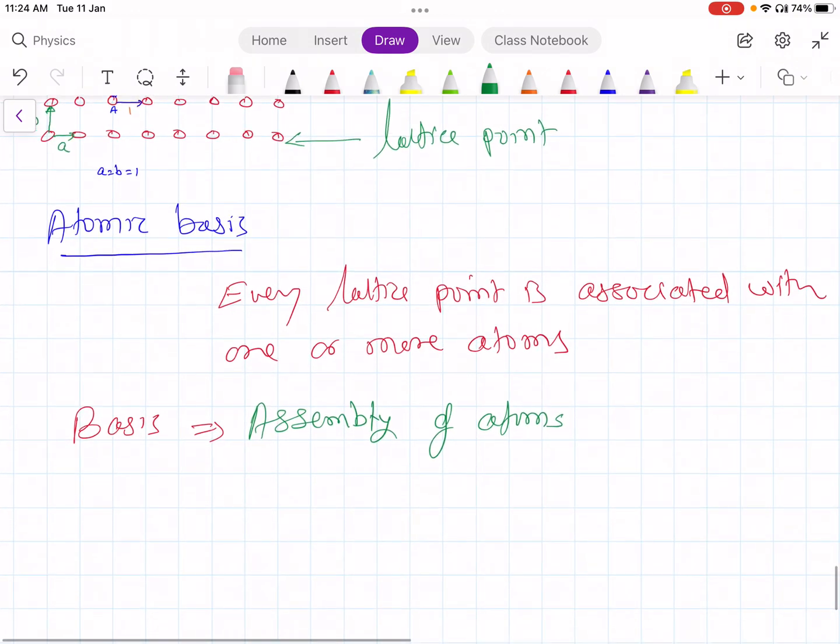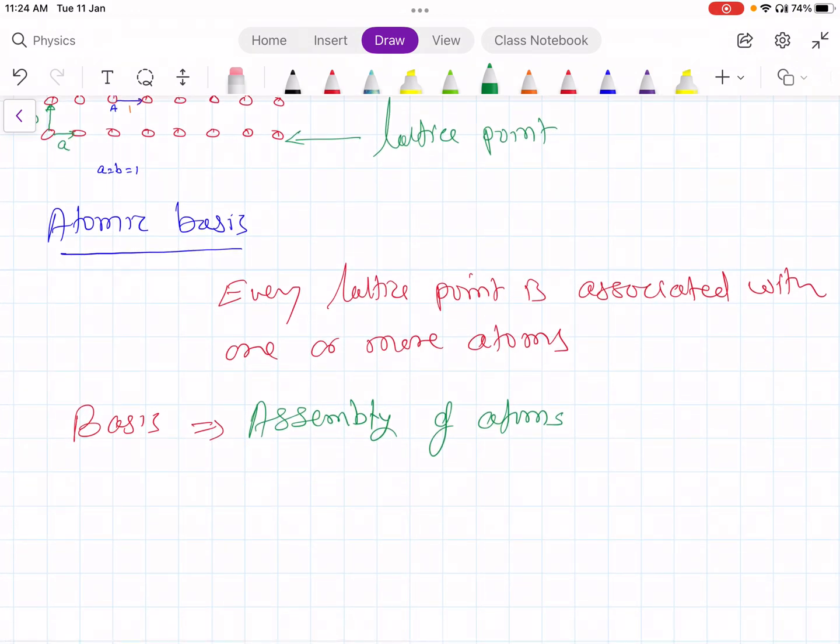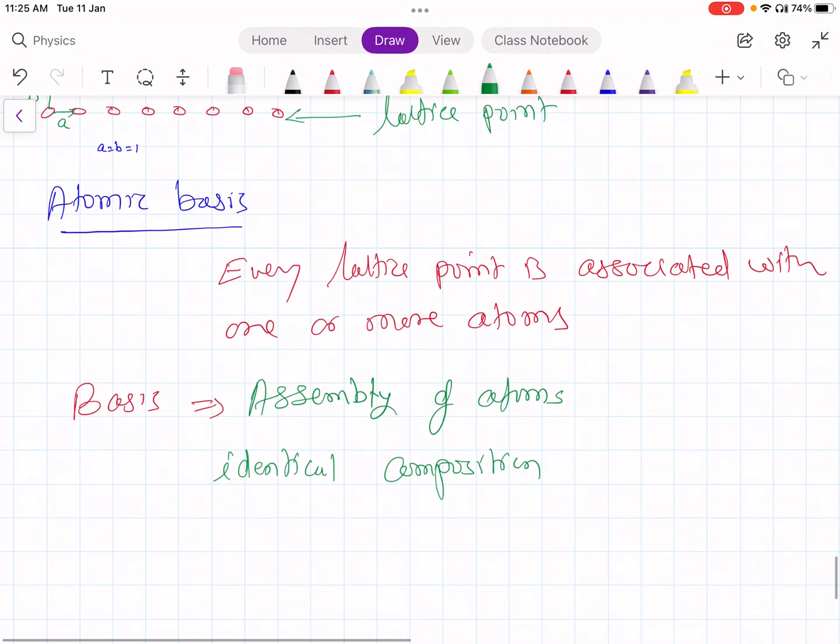Each basis, that is the atoms associated with every lattice point, should have identical composition. That is, how many atoms there are and which atoms, whether one carbon or two oxygen or whatever.